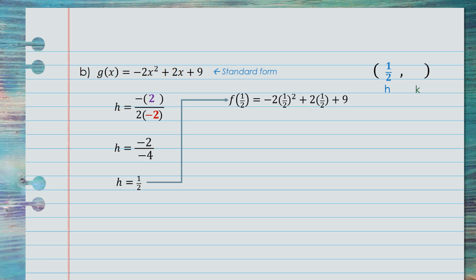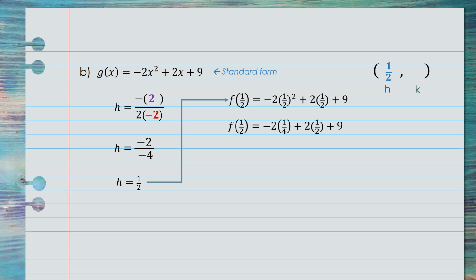So we have f of 1/2 equals negative 2 times 1/2 squared plus 2 times 1/2 plus 9. According to GEMS or order of operations, we must do the exponent first. 1/2 squared means 1/2 times 1/2, which gives us 1/4.